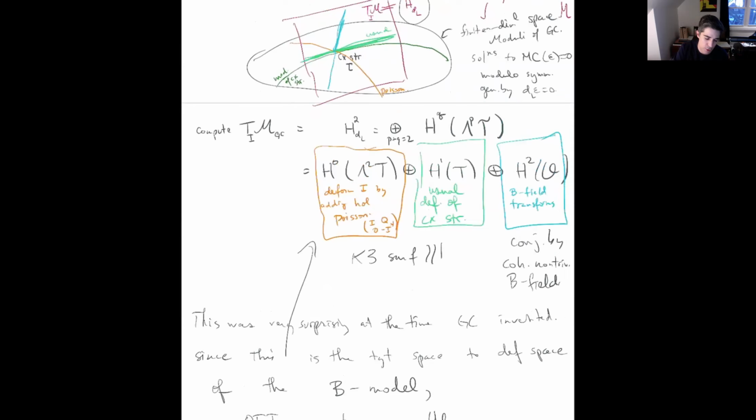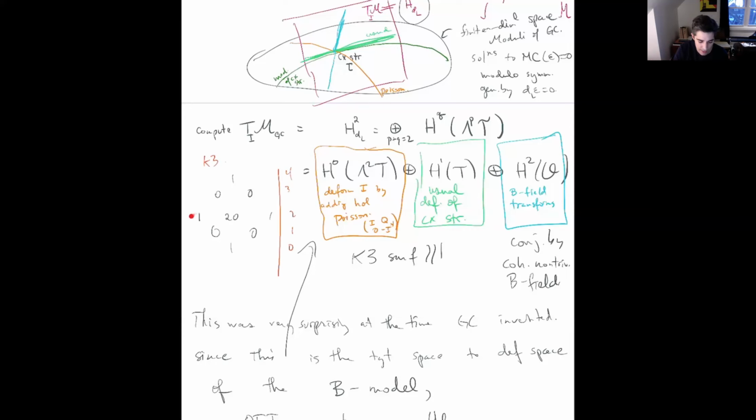Let me just draw the Hodge diamond of a K3 surface. Here's dimension 0, 1, 2, 3, and 4 on a K3 surface. A K3 surface is holomorphic symplectic, so it's hyperkähler, so it's a good example of everything I said before.